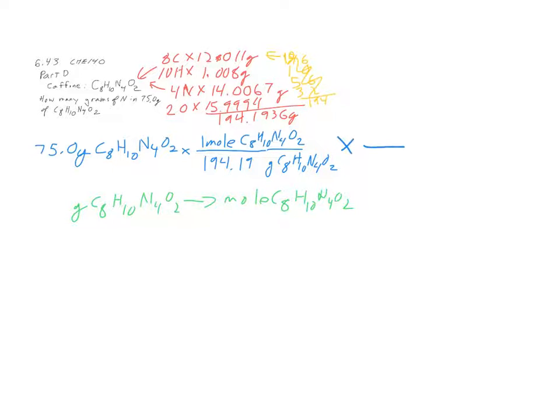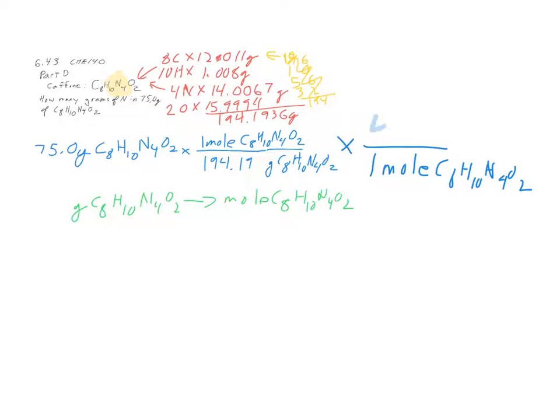Most of the time that's given in a chemical reaction, but not this time. It's going to be given to us by the chemical formula itself. If we look at the chemical formula of caffeine, it tells us that we have 4 nitrogens for every caffeine molecule, right? See it right there?